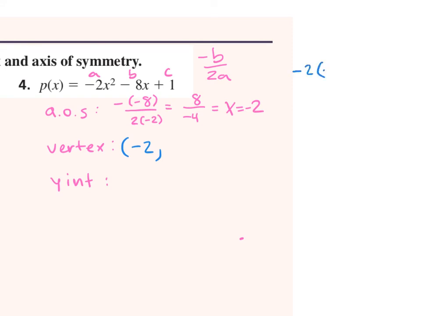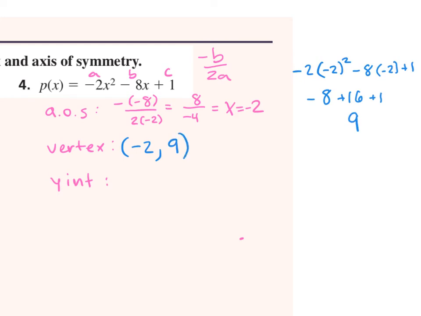So we have -2 times -2 squared minus 8 times -2 plus 1. -2 squared would be 4, times -2 would be -8. -8 times -2 is positive 16, plus 1, and then this would give us 9. So our vertex would be -2, 9.